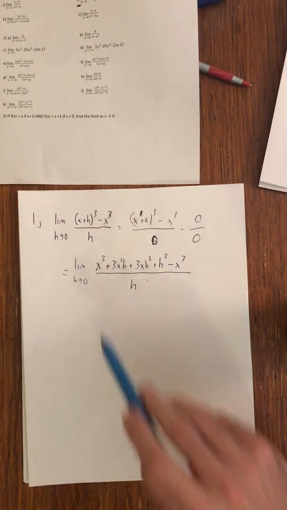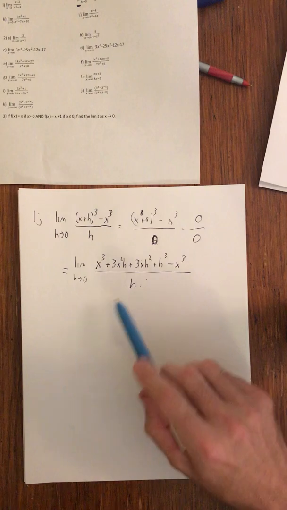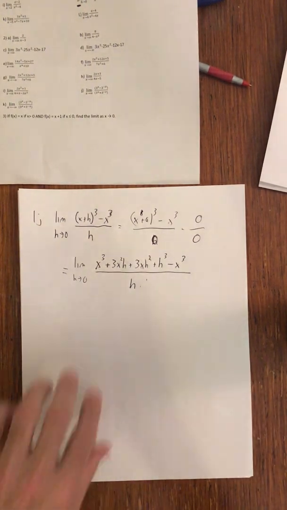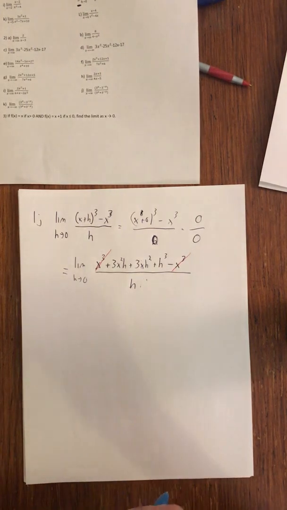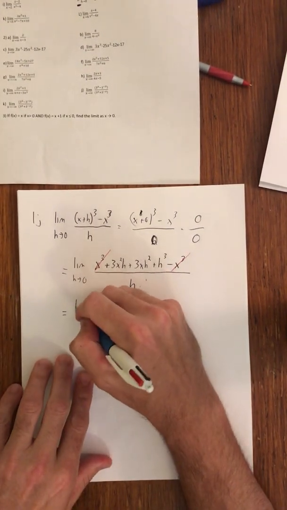Now, I can't plug in still because I'm going to still have that indeterminate form here, but I do notice that I could get rid of my x cubes there. That's neat. So let me just rewrite what I have here.